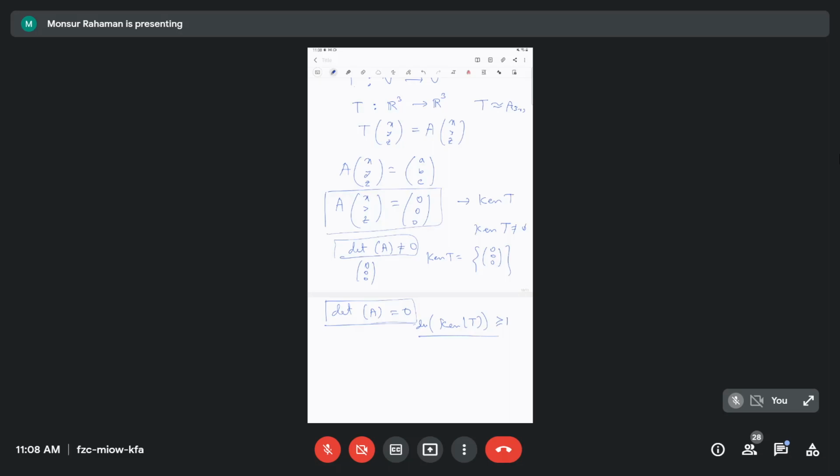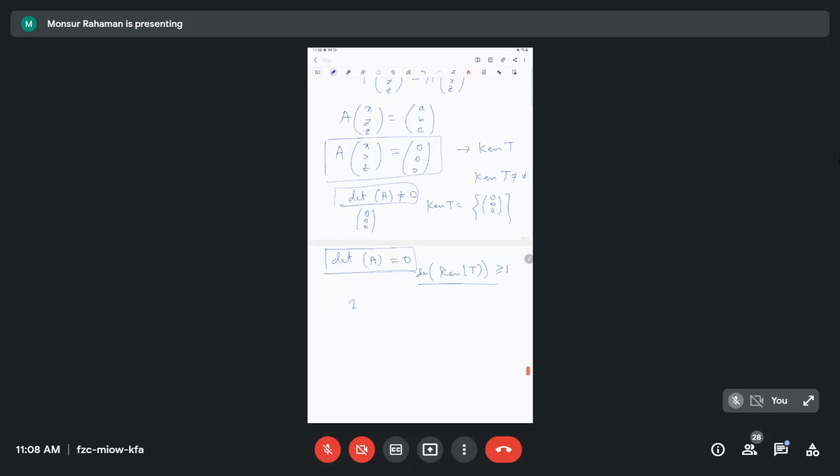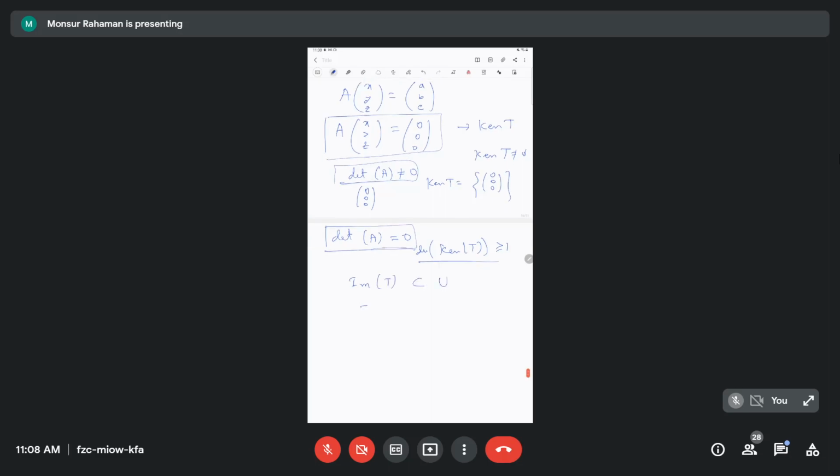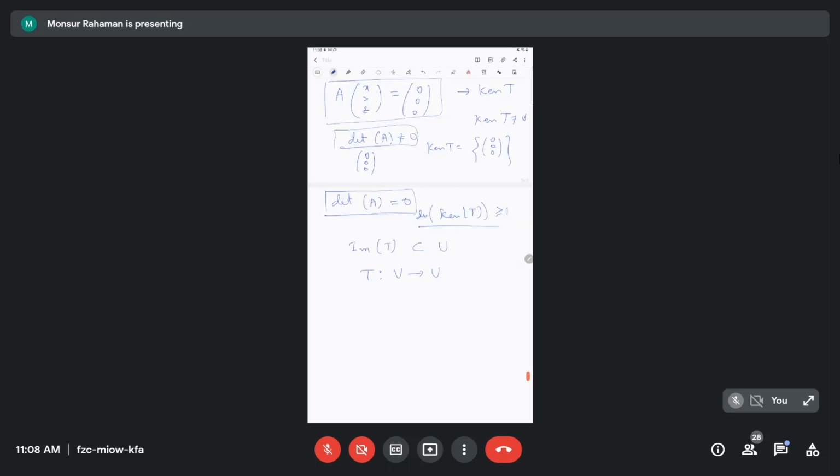Okay. And what about image T? Image of T is a subspace of U. T is a linear transformation from V to U. So this is actually very easy. For one, the zero vector will be in image T, because for T to be a linear transformation, T(0) will be 0_U. So this 0_U is in image T, so image T is non-empty.